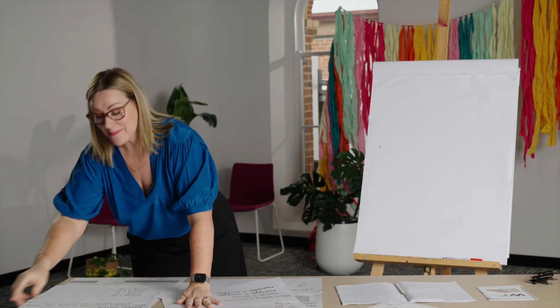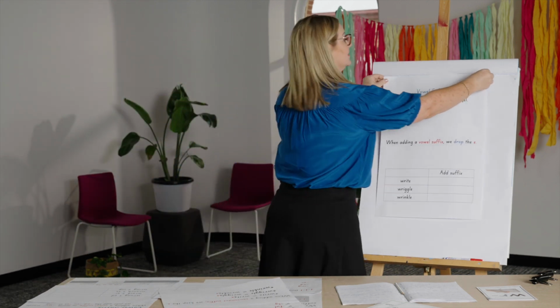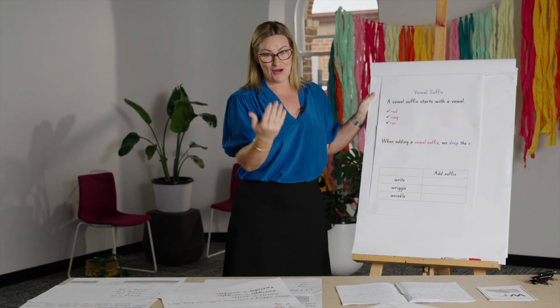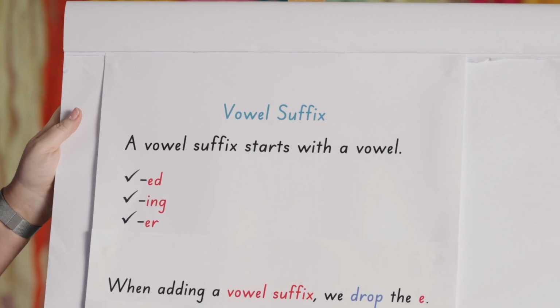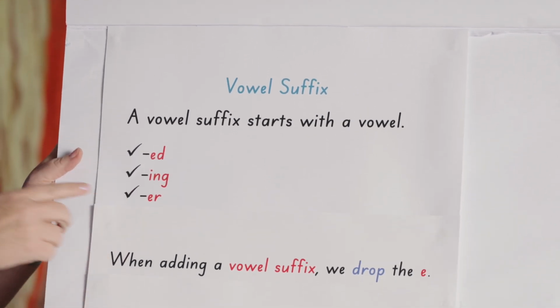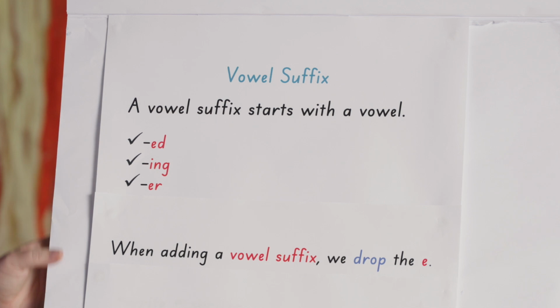Now, what do you remember about adding a vowel suffix? So here we have our vowel suffix. What do they start with? That's right, a vowel. Ed, ing, and er. What do we need to do with words that end with an E when we're adding a vowel suffix?